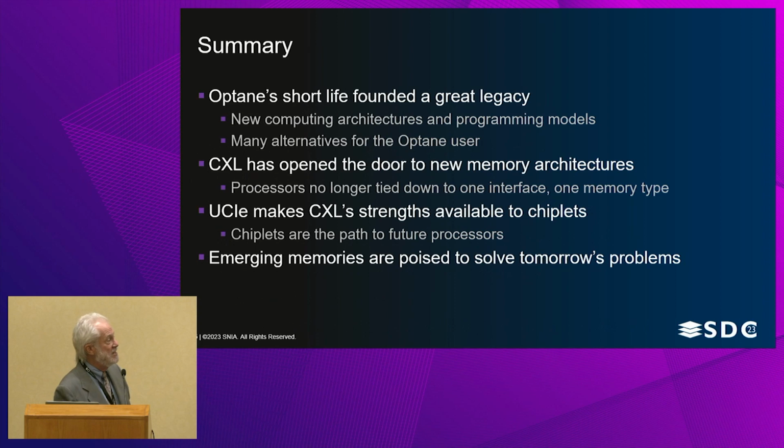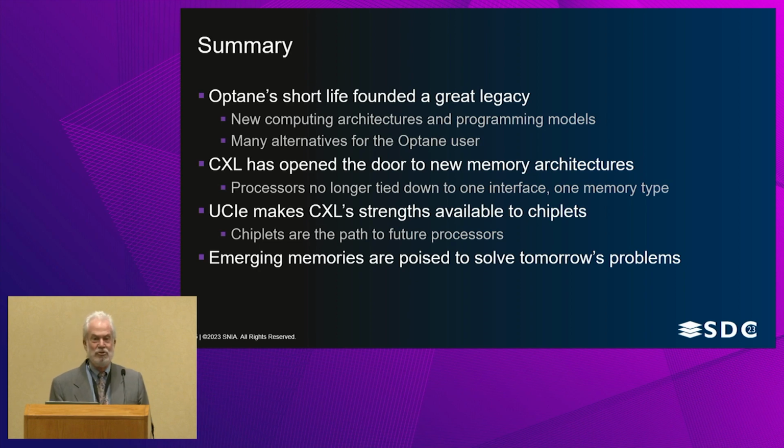So we're almost to the end of our 50 minutes here. I'll just say Optane, in its short life, it created a great legacy. It's created a programming module and new architectures. And there are many Optane alternatives that you can use with these. CXL, all of them have their disadvantages, but that was in the table.